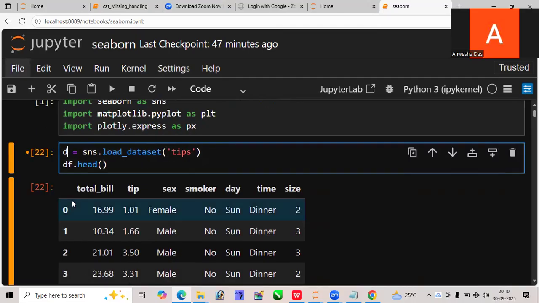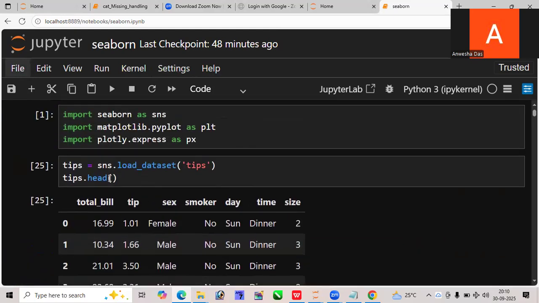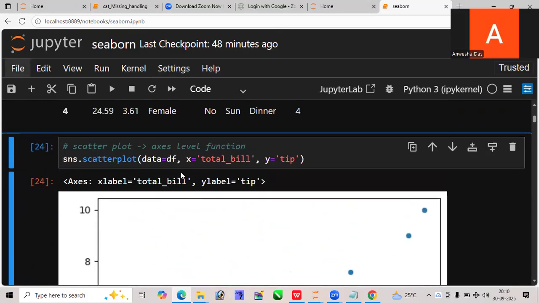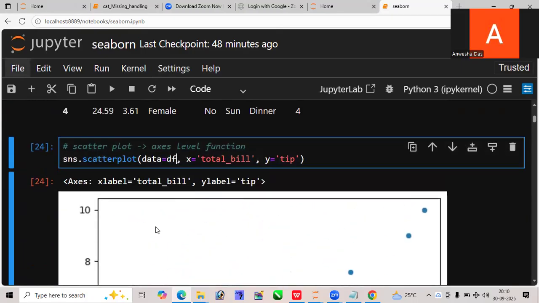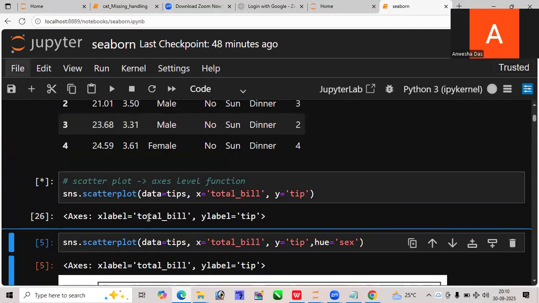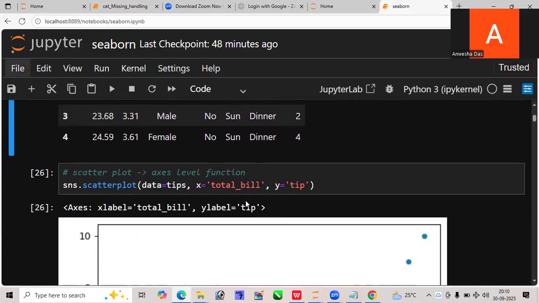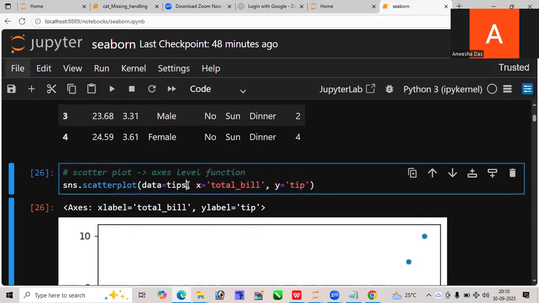If I write tips here, I will also change the df to tips. Whatever variable I have mentioned, I have to write that variable after data equal to.